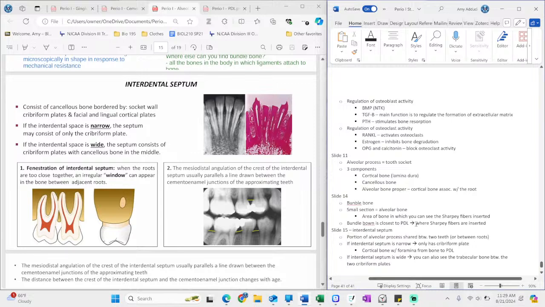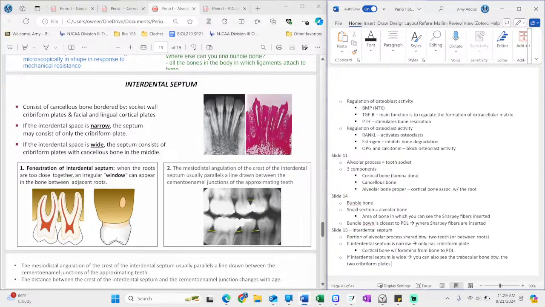That is a concept that is important to remember when you are analyzing the x-rays. So if the interdental septum is narrow or thin, it's only the cribriform plate. If it is wider, then we also have trabecular bone.